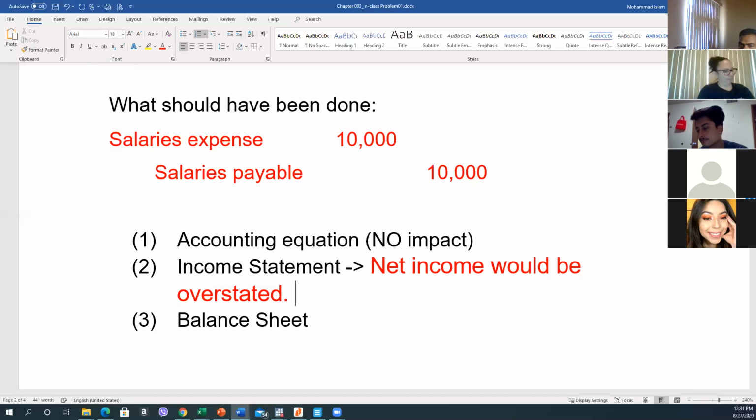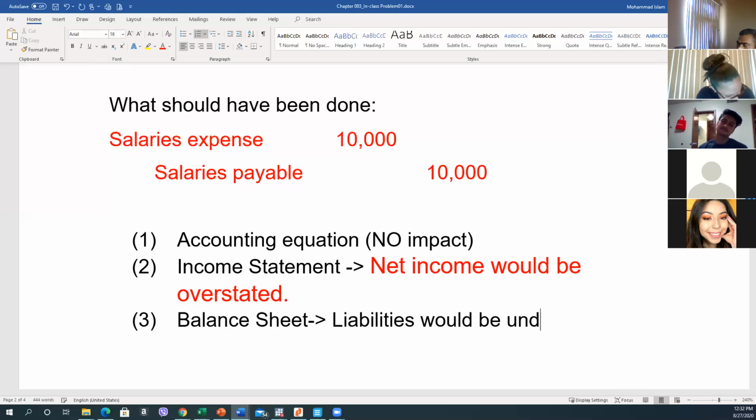Yes. And in the balance sheet, liabilities would be understated. Yes.